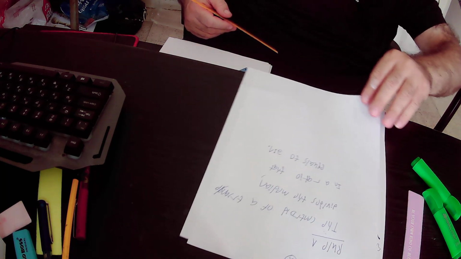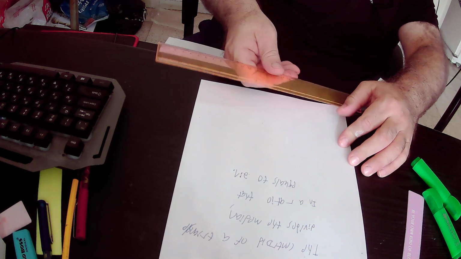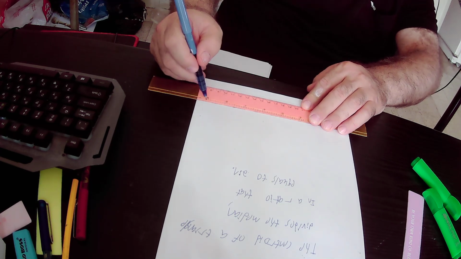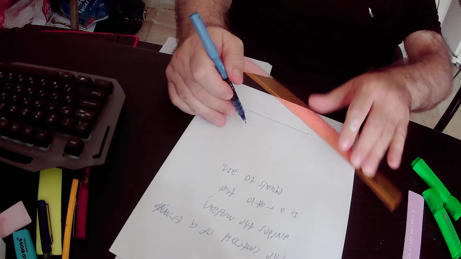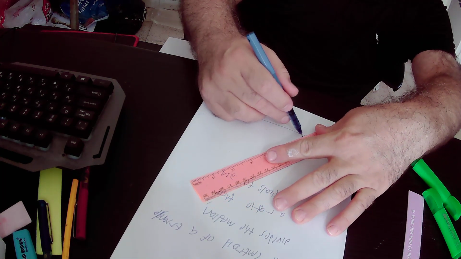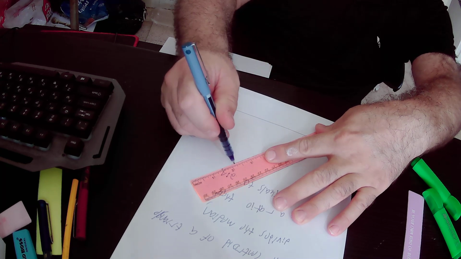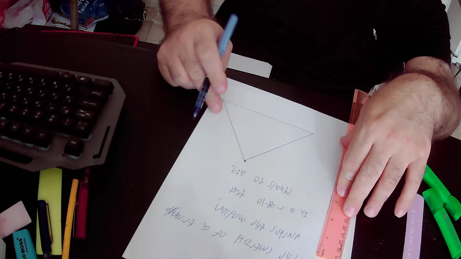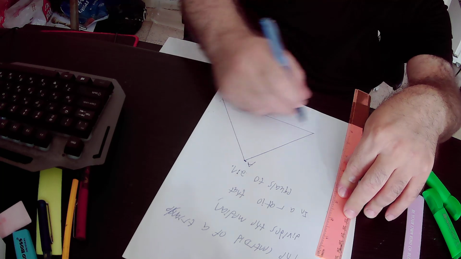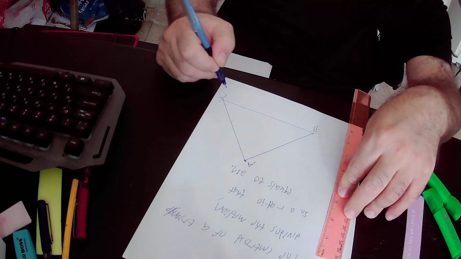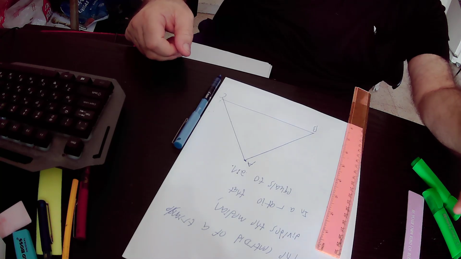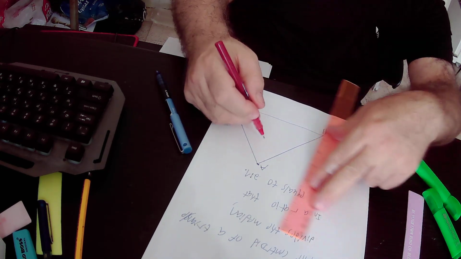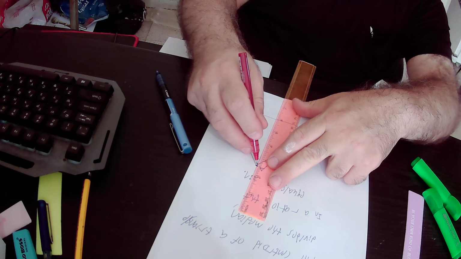Actually, if we have triangle ABC, that could be any triangle, and we know that AD is the median of triangle ABC.